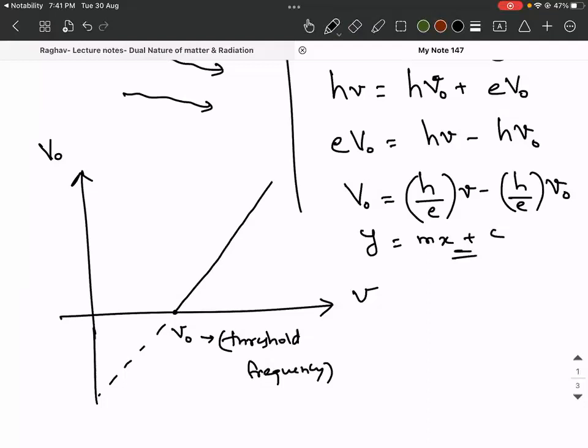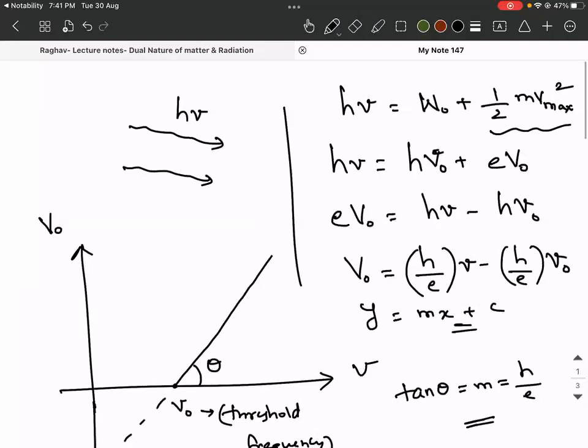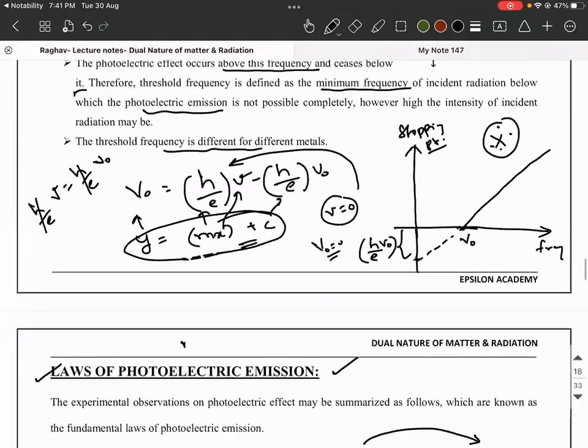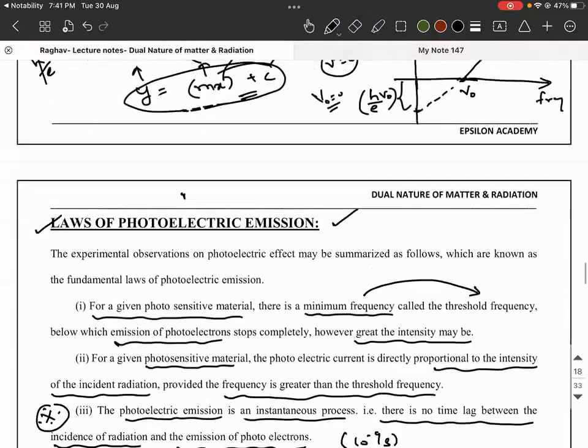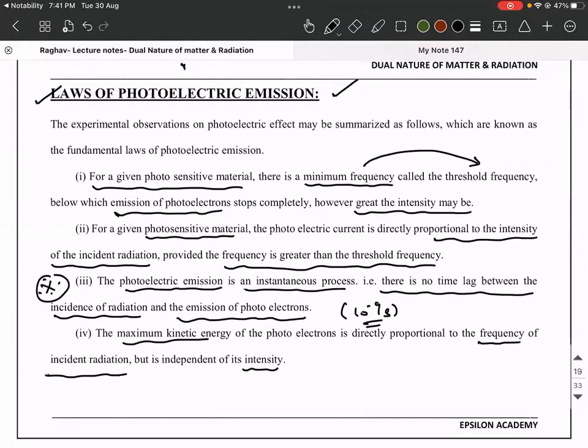So this is called a threshold frequency, and if I take this angle to be theta, then tan theta is the slope, and slope is given as h divided by e. Is it clear? Now you want to copy that?